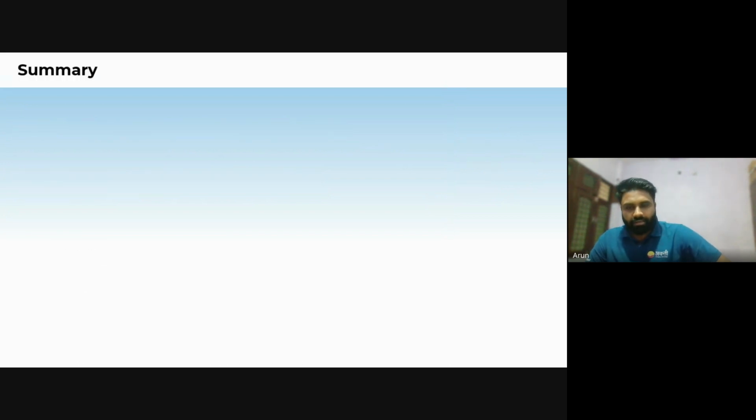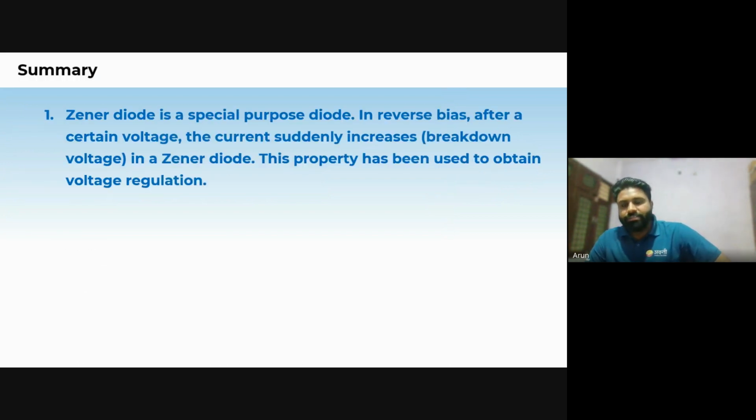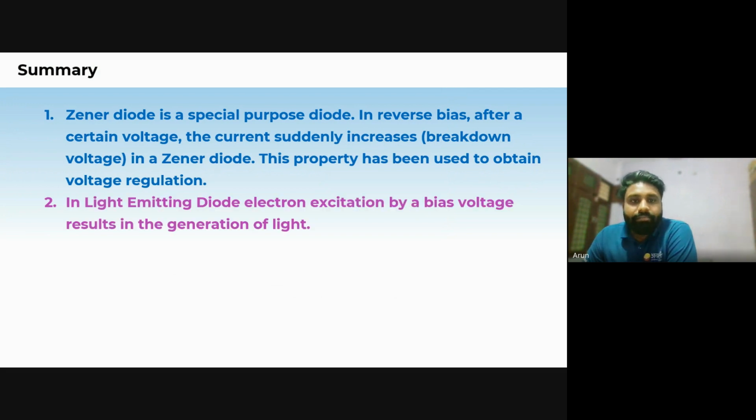Okay. Now in the summary part, the Zener diode is a special purpose diode. In reverse bias we use it with a certain voltage. It is also used as a voltage regulator. Light emitting diode: electron excitation by a bias voltage results in the generation of light.